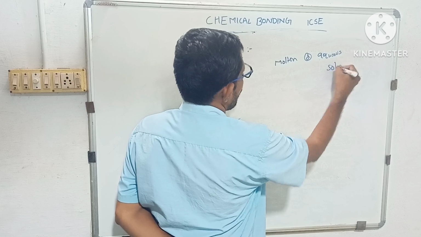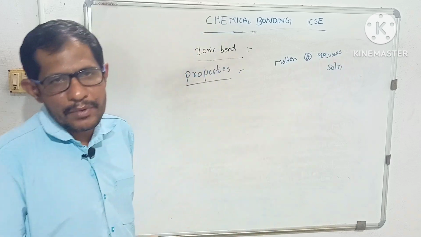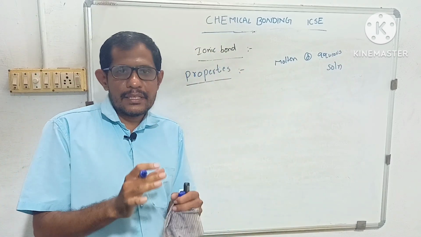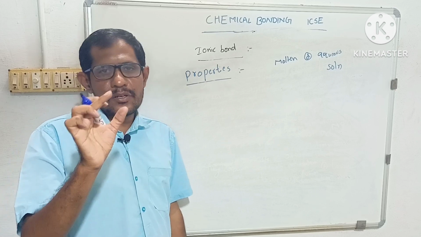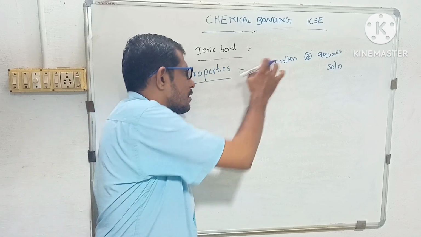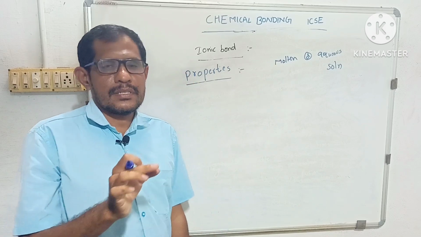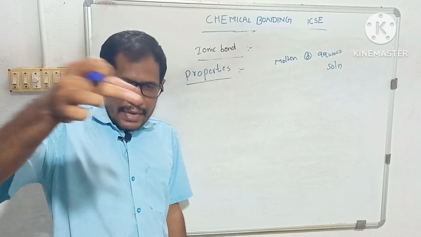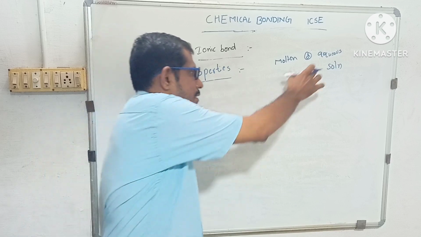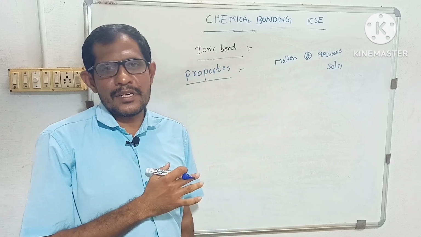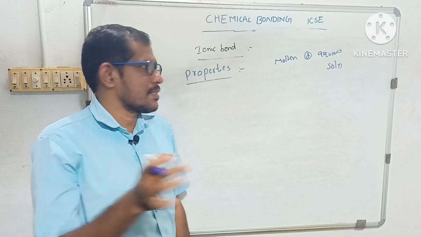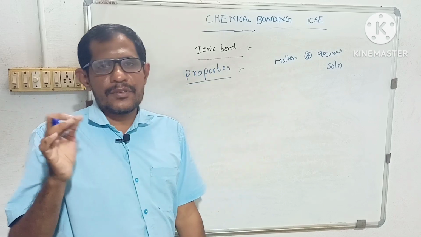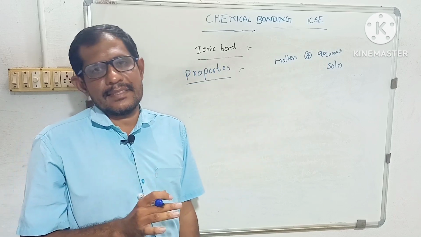Molten means directly we are converting the solid into liquid by heating it. That is called molten. Aqueous solution means we are adding the NaCl to the water. Both are in liquid state only. So solid NaCl doesn't conduct electricity, but in molten or aqueous solution form, it conducts electricity.